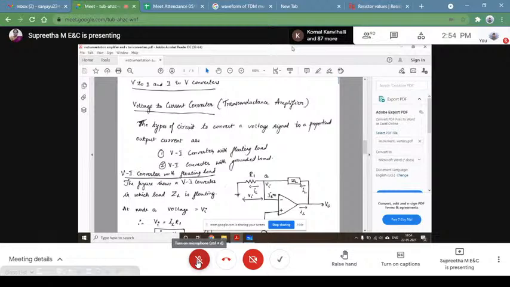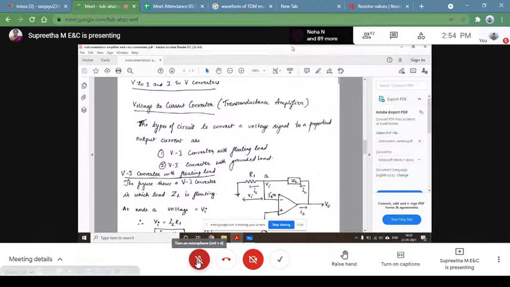Where do you need such conversions? V to I. So guys, when your current is transmitting, it becomes difficult. I can say your current carrying signals are more prone to noise compared to your voltage signals.